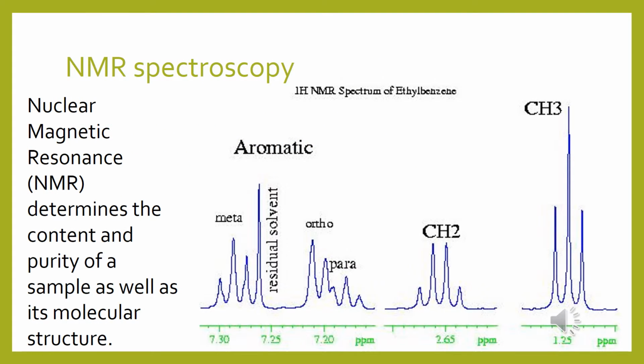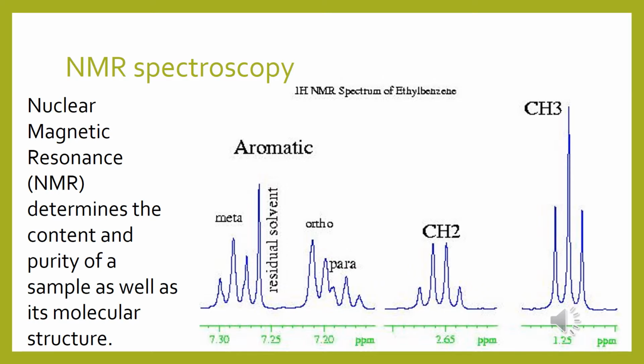NMR spectroscopy. Nuclear magnetic resonance determines the content and purity of a sample as well as its molecular structure. Here is one of the figures for molecular structure. This peak can say para, ortho, or meta.